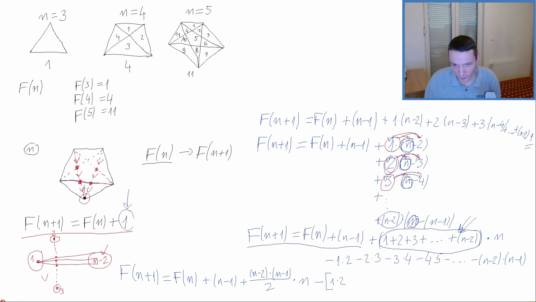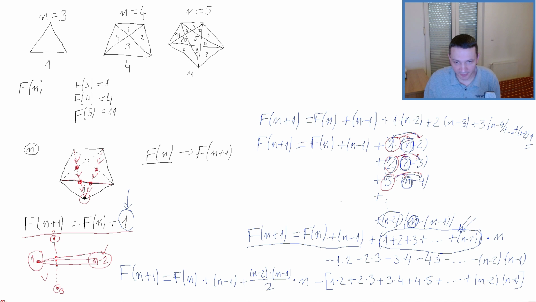This is 1 times 2 plus 2 times 3 plus 3 times 4 plus 4 times 5 plus until n minus 2 times n minus 1.